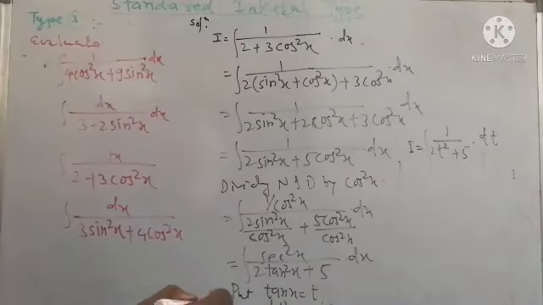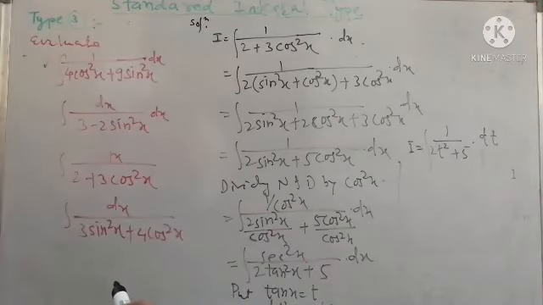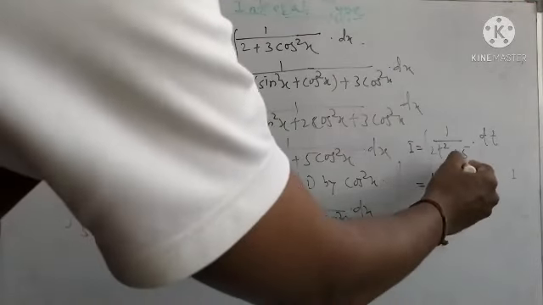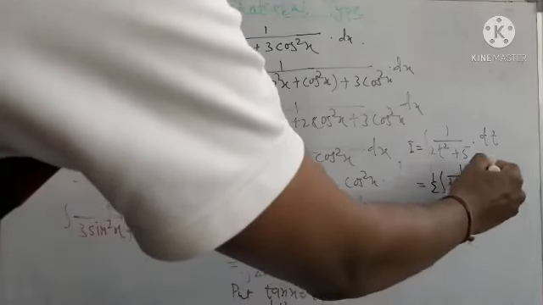Again we get the same radical form in which the t square coefficient is 2, so we have to make it 1 by taking 2 common in the denominator, as it is a constant, we take it outside the integration, so in the integration we get 1 upon t square plus 5 upon 2 into dt.